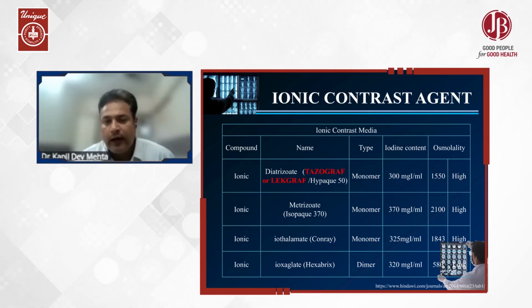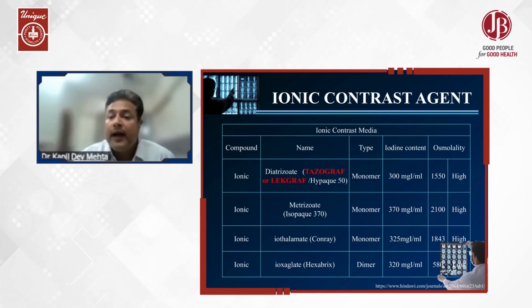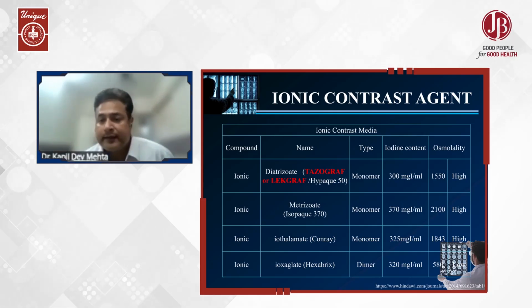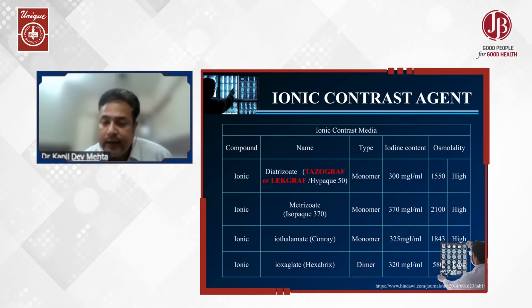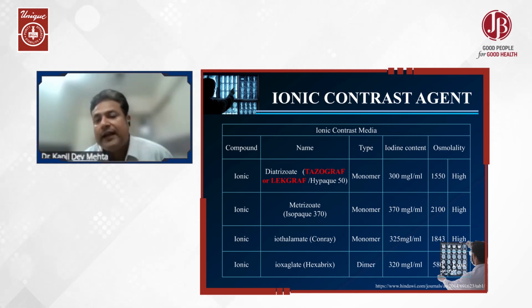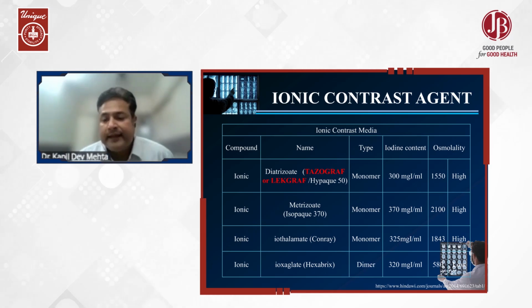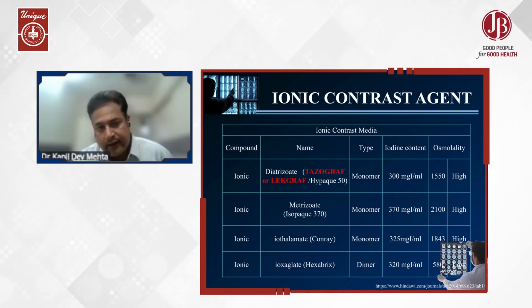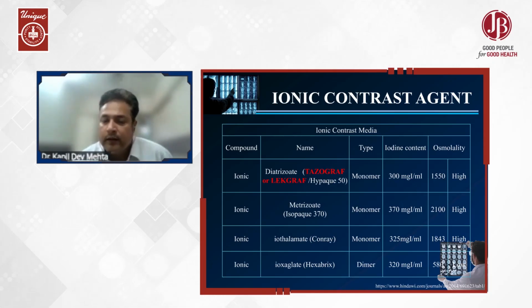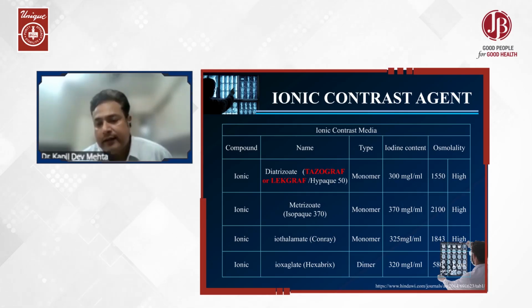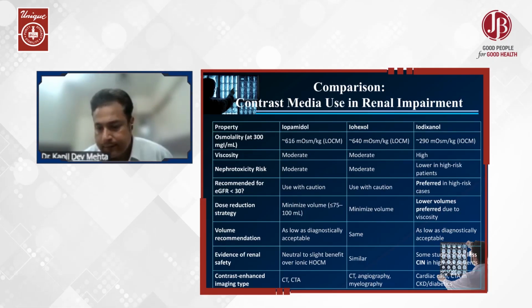Nephrotoxicity is low. Iohexol is also a monomer. Now coming to iodixanol, it's a non-ionic dimer. Its osmolarity is even lower than the monomer, 290, almost that of human blood. Among iopamidol, iohexol and iodixanol, the best renal profile is of iodixanol.